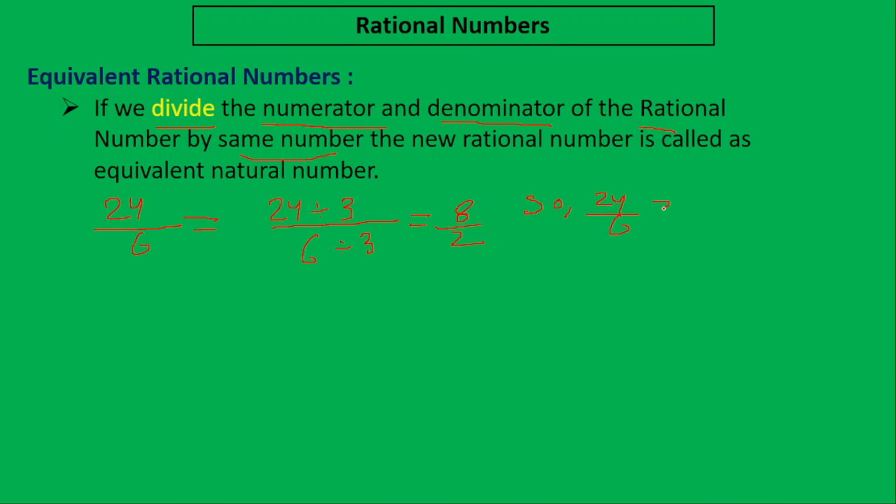Very easy to understand. We just lose the focus. So we divided by 3 in top and bottom. We got 24 by 6 is 8 by 2 now. So 24 by 6, that is 4, and 8 by 2, that is 4, are equivalent rational numbers. So rational numbers become equivalent if you multiply or divide by the same number in top and bottom.